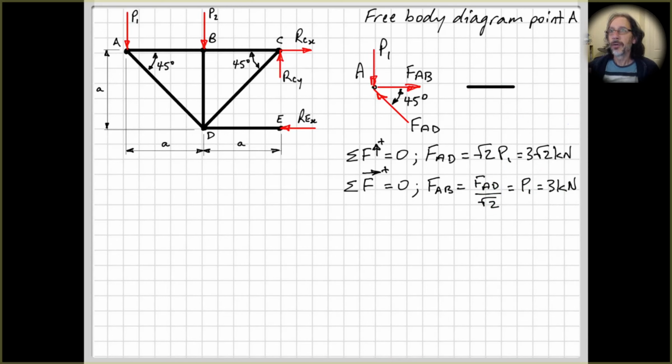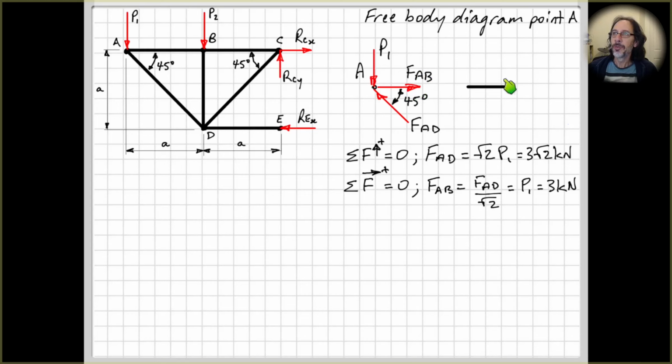Now thinking about the forces on the members that are connected to this joint A. Okay, so what we've got here is the free body diagram of the pin at point A, and then we've got these truss members attached to it. The force that we see here on the free body diagram of pin A is the force that the member AB exerts on the pin.